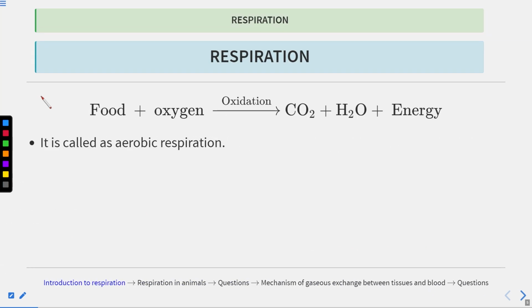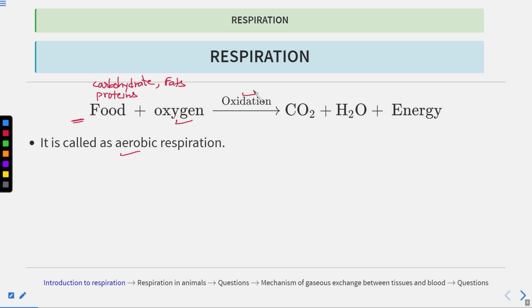So this is a very simple equation showing you the process of aerobic respiration. Here the food, which we have already discussed, can be carbohydrates, proteins, and fats also. These are oxidized, meaning they combine with oxygen.